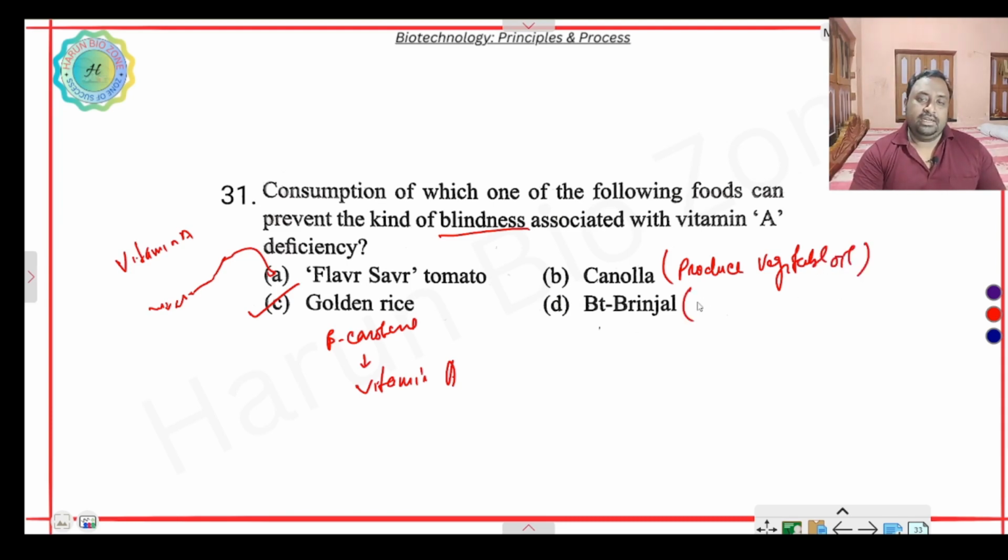Bt brinjal is for insecticide. Flavr Savr tomato, where they increase the shelf life of the tomato, inactivates beta-galactosidase.